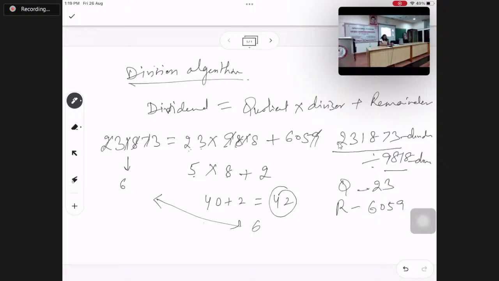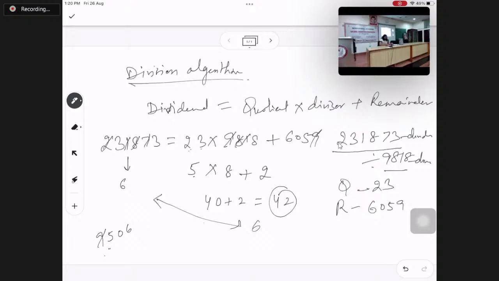Is it clear? Okay. As per the request that I should take more examples. Okay.